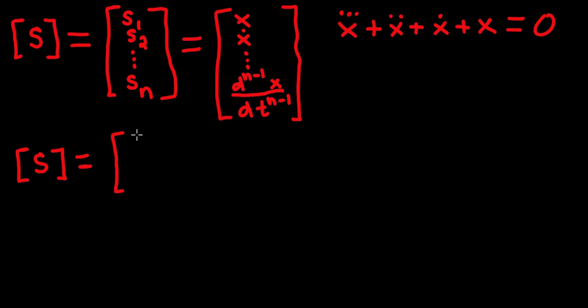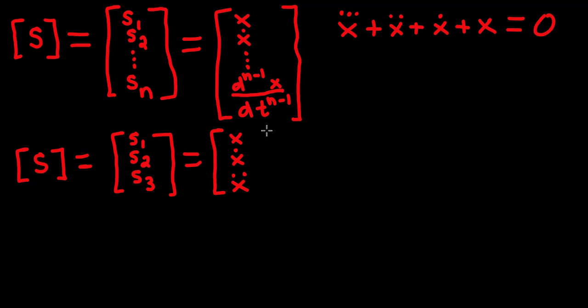So we'll have S1, S2, and S3. And following the description we gave earlier, S1 is x, S2 is x dot, and S3 is x double dot.